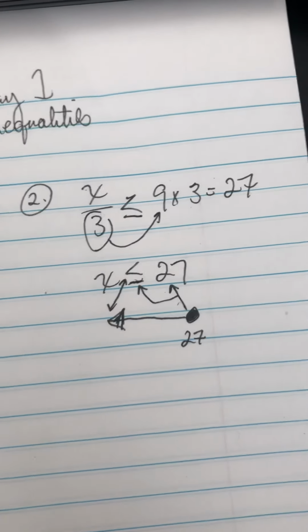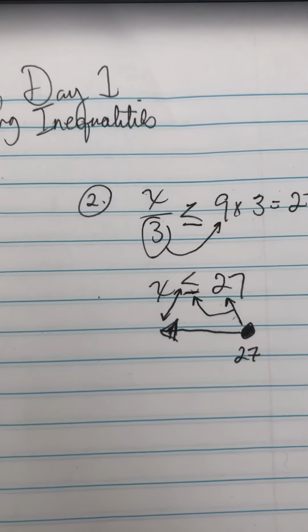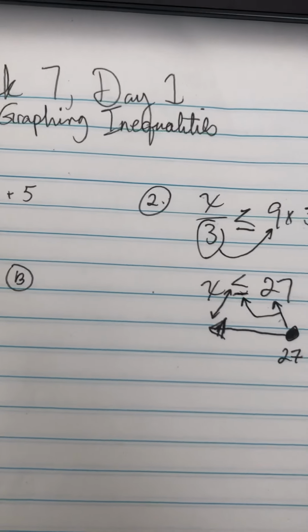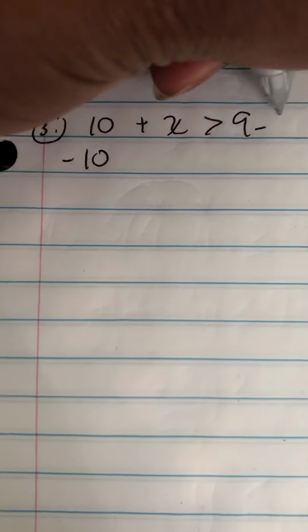Now we're moving on to number 3. It says 10 plus x is greater than 9. Again, we know we have to subtract 10 from both sides, hopefully you said. And then we're left with, very good, -1.